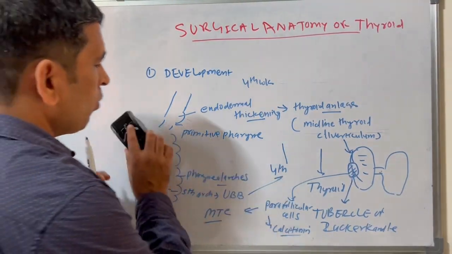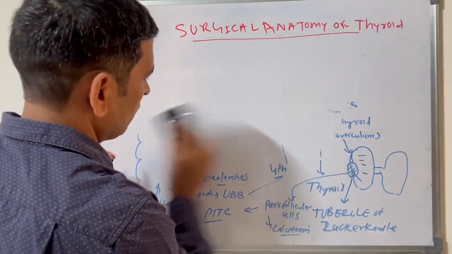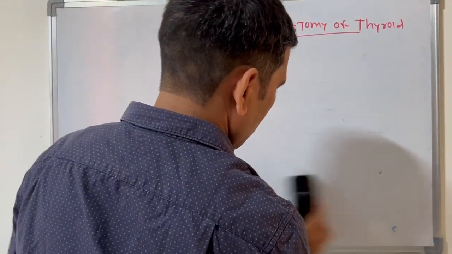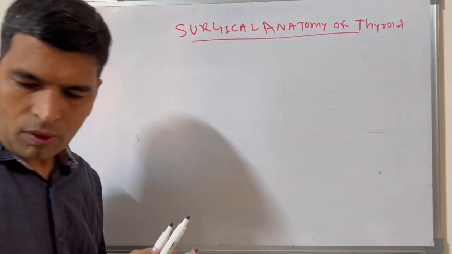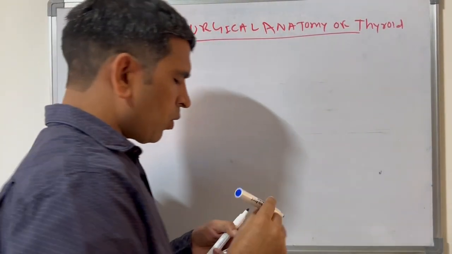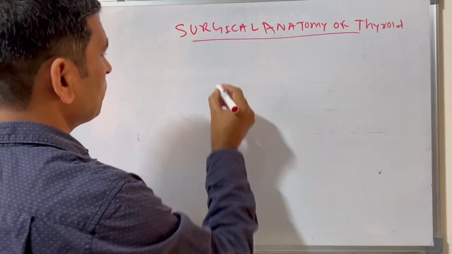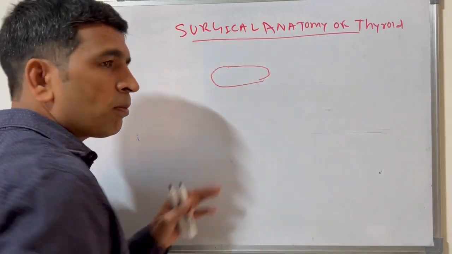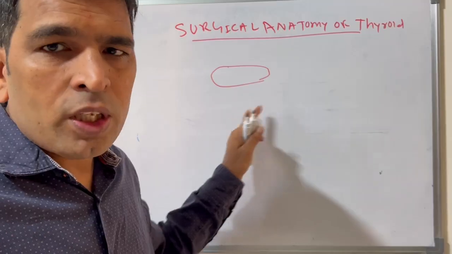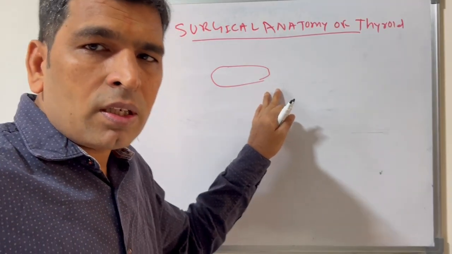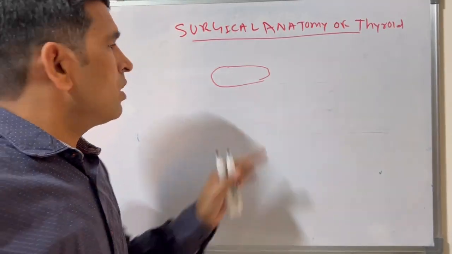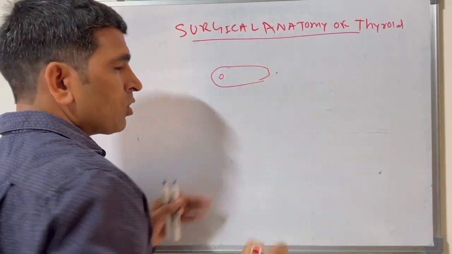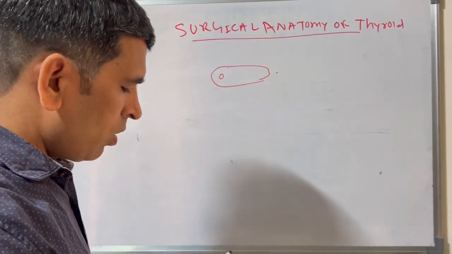During development, what happens? This is the tongue level. You have to remember the thyroid is developed before the development of the trachea, larynx and tongue. This is the tongue level, an imaginary tongue because it is not developed until now.